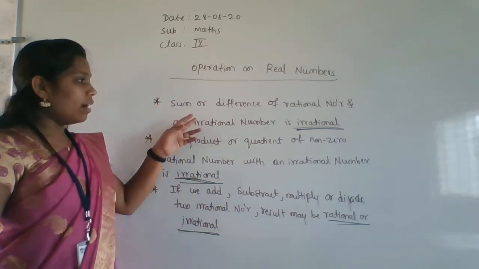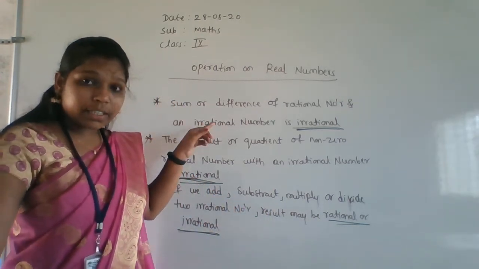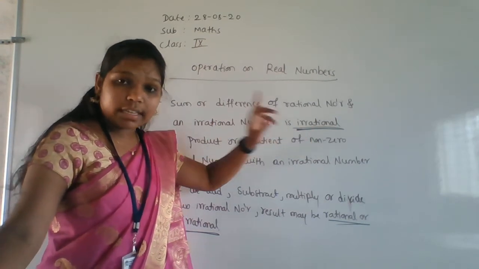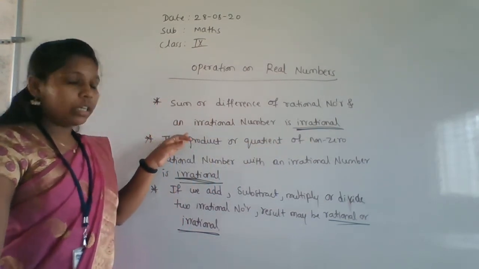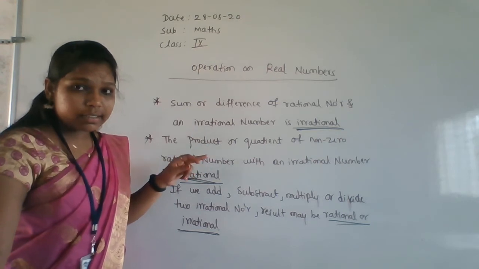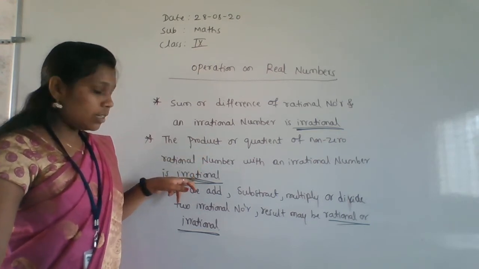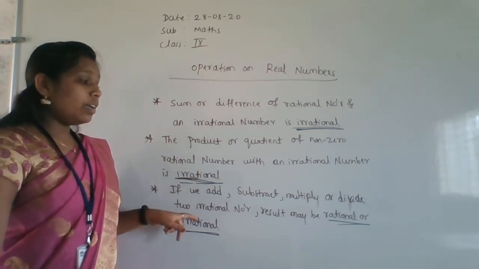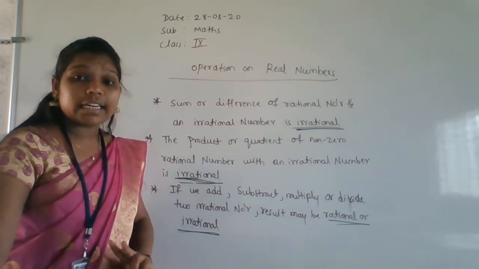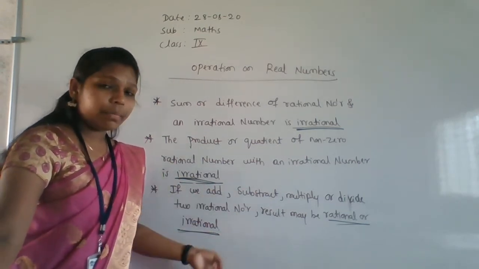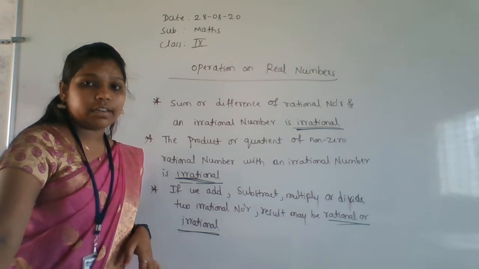But if one is rational and one is irrational, then the answer will always be irrational only. When we take both as irrational numbers, then the answer may be rational or irrational.